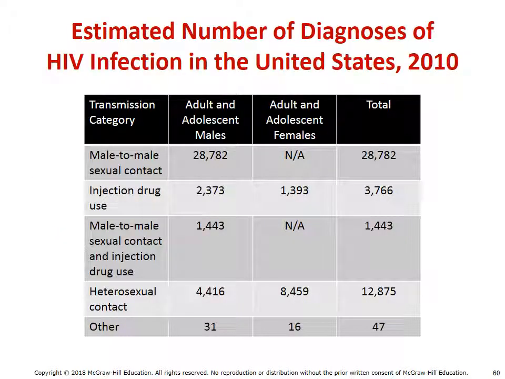So here's again that kind of breakdown of who's at greatest risk. One of the things I really want to stress to you guys is that everybody's at risk. This thing started traditionally in the homosexual male population, but has easily been spread to the heterosexual population.